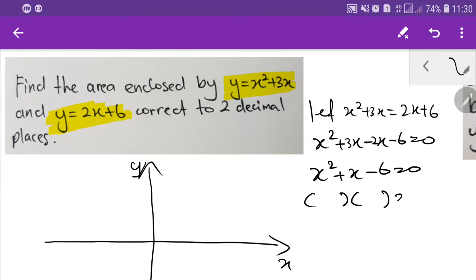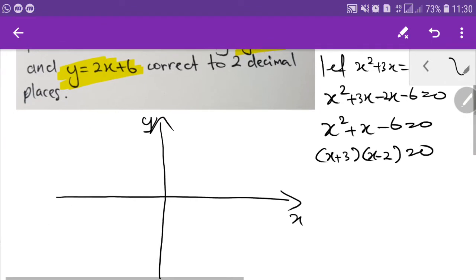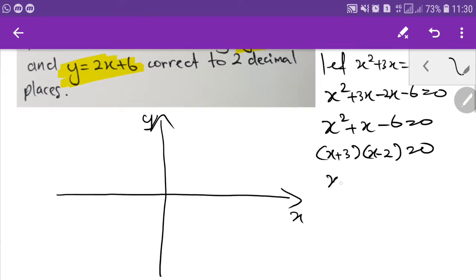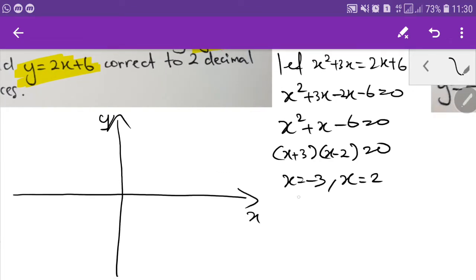We can factorize this: (x plus 3)(x minus 2). So x equals minus 3 and x equals 2. From here we know that the intersection points happen at x equals minus 3 and 2.